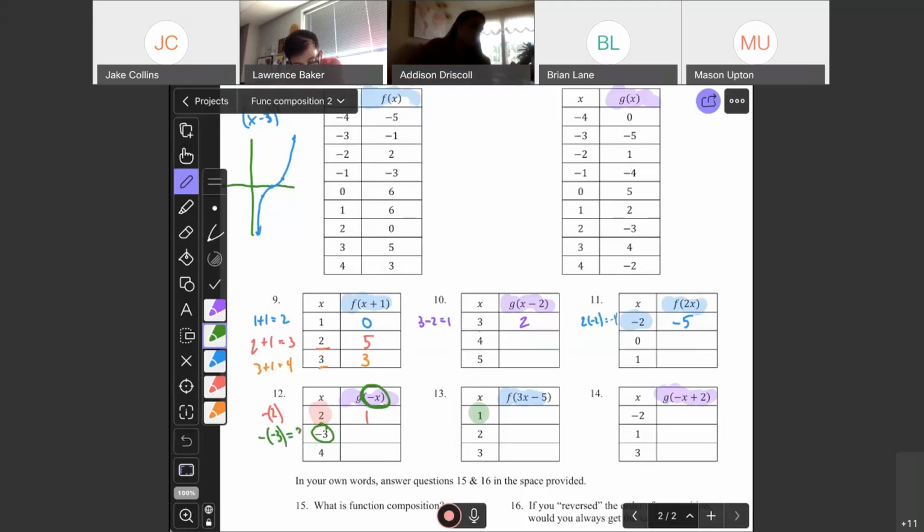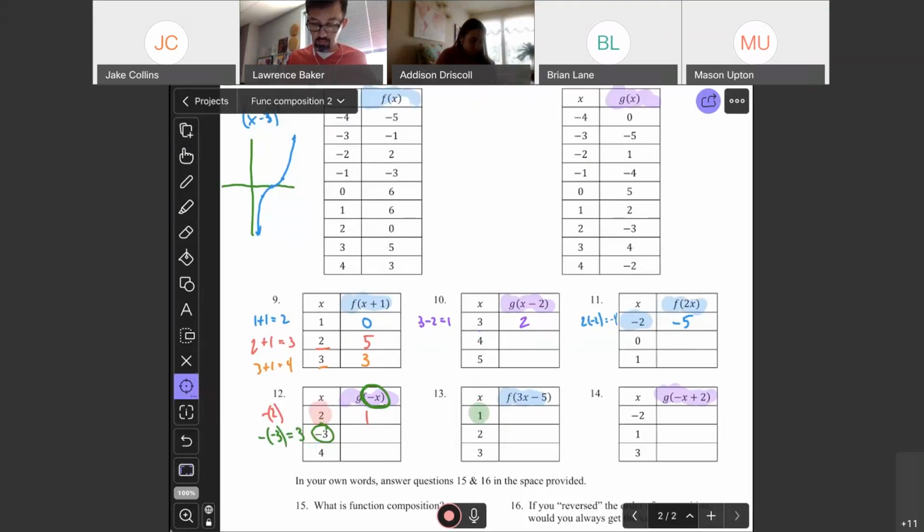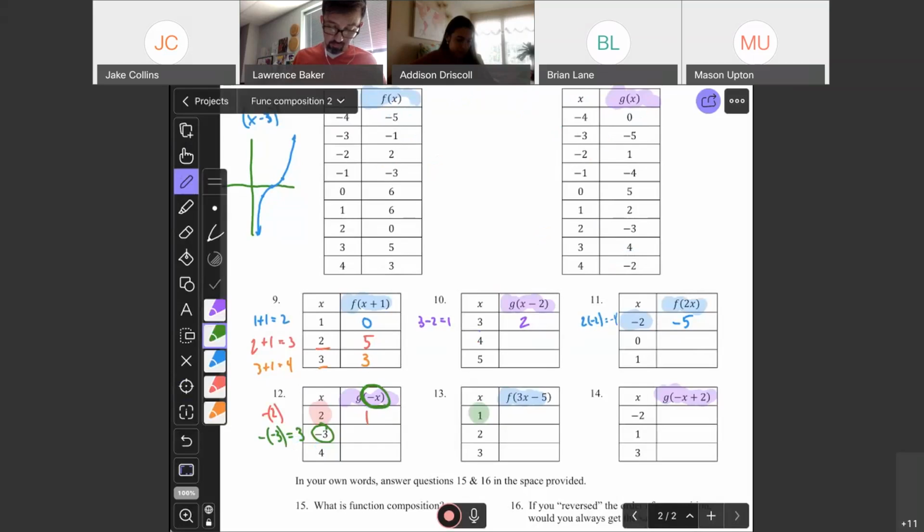So then where are you looking with this +3 that we just got? Which chart should we look at, F or G? G. Okay. So at 3, we should have 4.